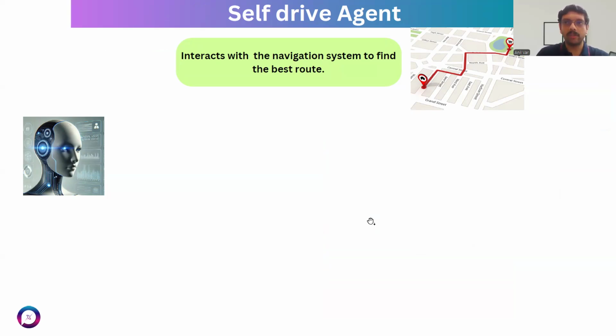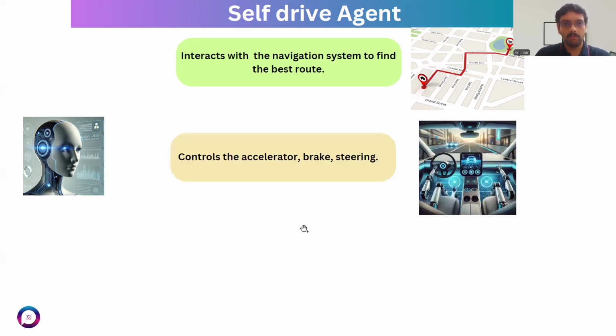Once you get into your car and you're strapped in and it's switched on the AC for you, it interacts with the navigation system. Once it opens up maps, it finds the quickest possible route from your home to your workplace, taking into account all the current traffic conditions.